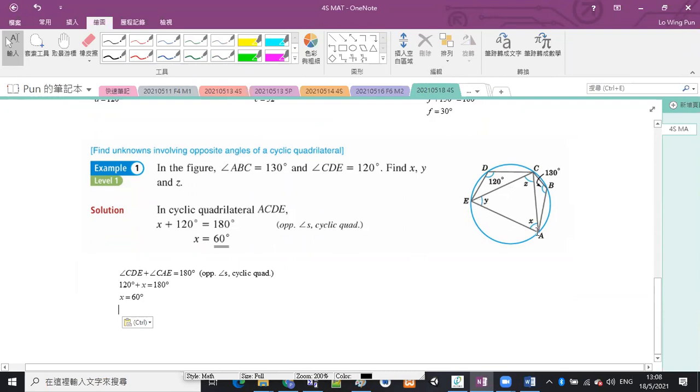we consider the cyclic quad ABCE. Can you see that ABCE is also a cyclic quad? Okay, the 4 points are on the same circle, ABCE. So the sum of the opposite angles is also equal to 180 degrees.